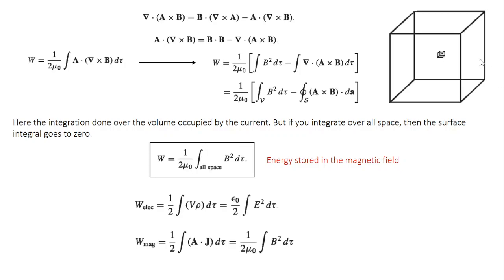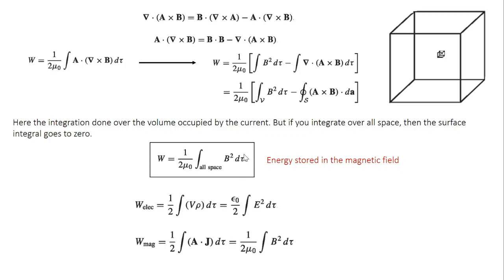So if you do the surface integral on this boundary surface, its value is going to be 0. So we can remove this surface integral. The expression for work done becomes 1 over 2 mu naught integral over all space B square d tau.